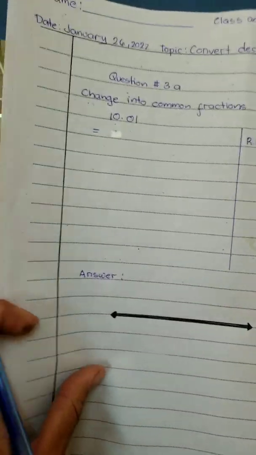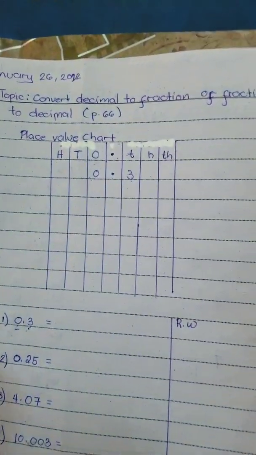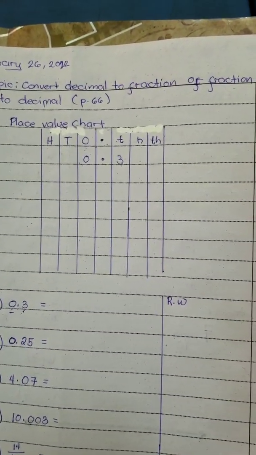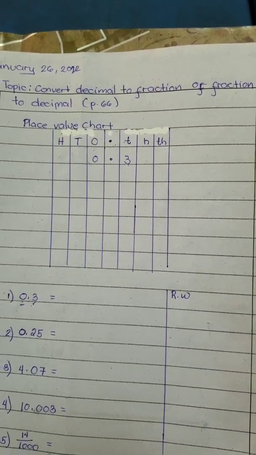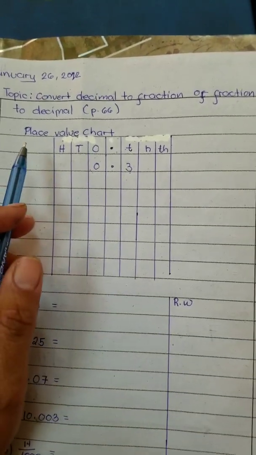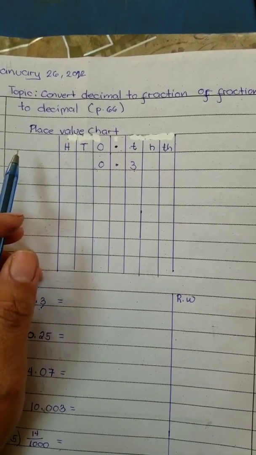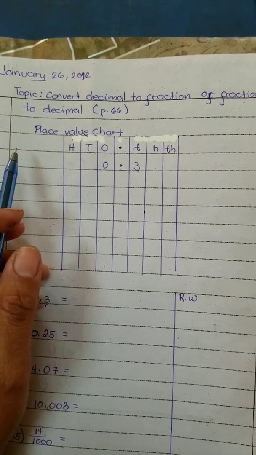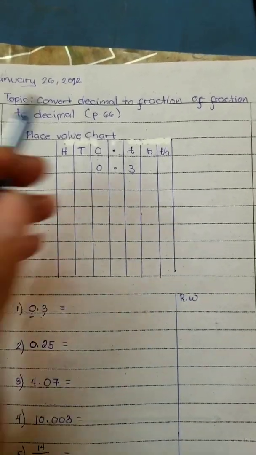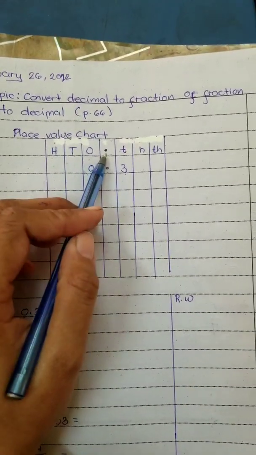Okay? Now, let's start our lesson. Our lesson for today, January 26, 2022, is about converting decimal to fraction or fraction to decimal. Remember that we have the decimal place value chart that we discussed last time. You have here the decimal point.